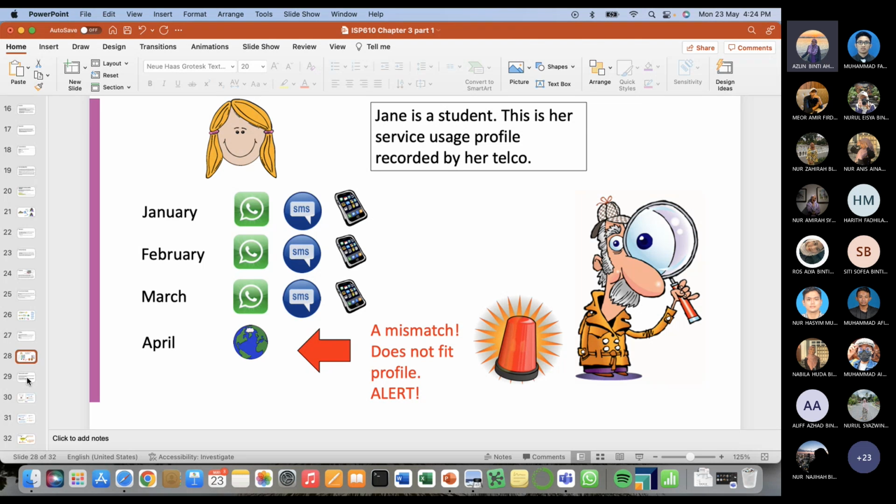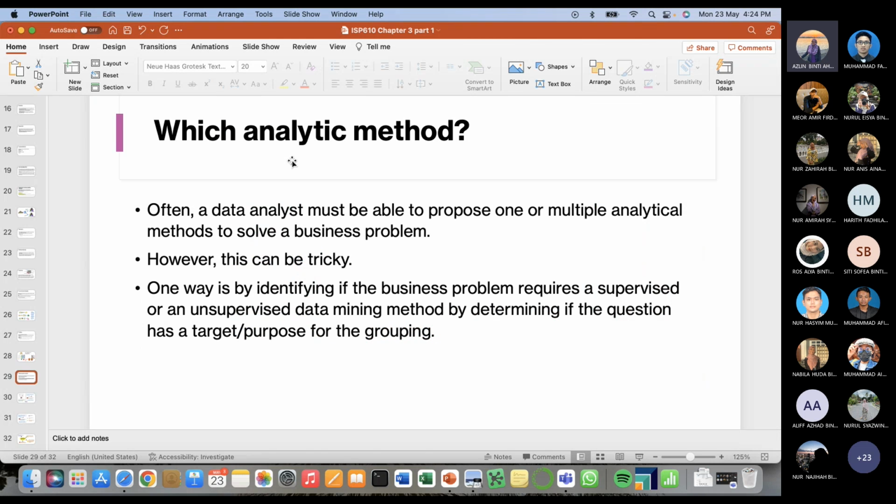And which analytic methods? Okay, we have learned the 6 types of analytic methods. So which one is suitable for the business problem, for the objective? So that one is actually very tricky, very complicated, okay, because you need to understand the business problems, you need to really understand about the objective, try to figure out how can you propose a solution to solve the problem.